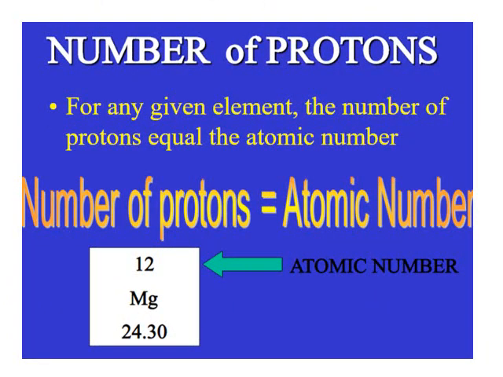Children, this slide gives you the idea how to calculate the number of protons in an atom. Protons are the positively charged particles in an atom. For any given element, the number of protons equals the atomic number. So remember, the number of protons will give you the atomic number.